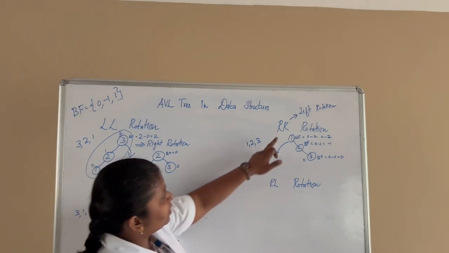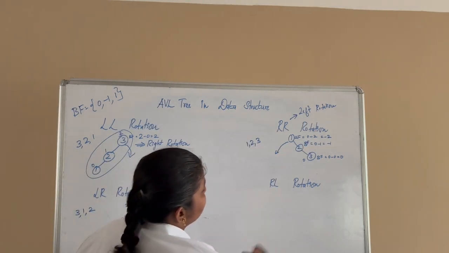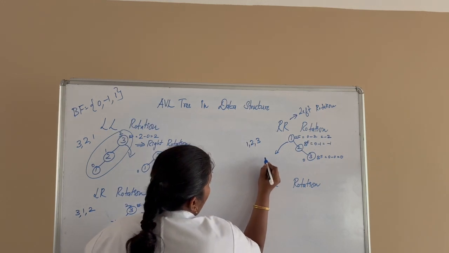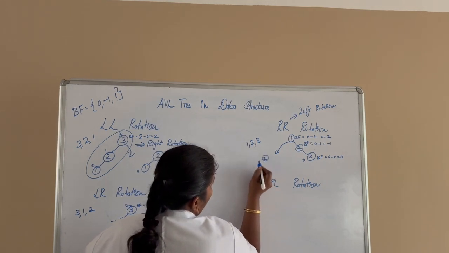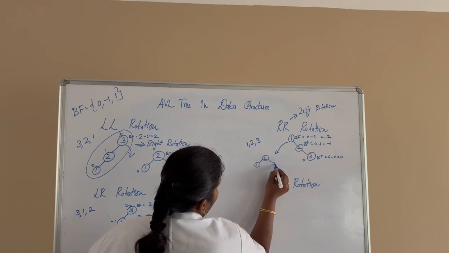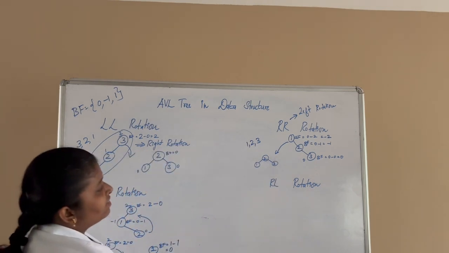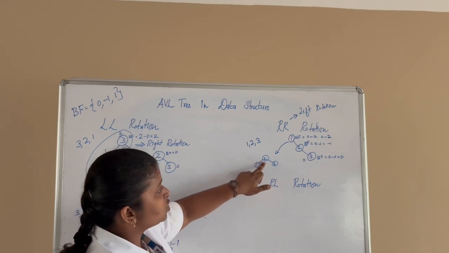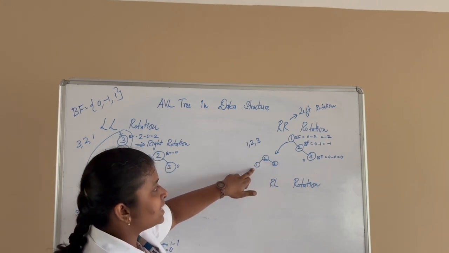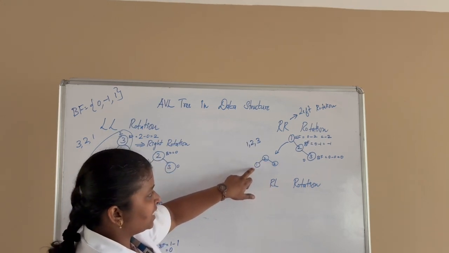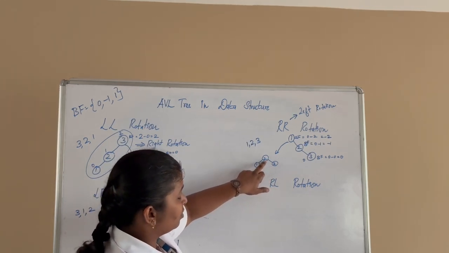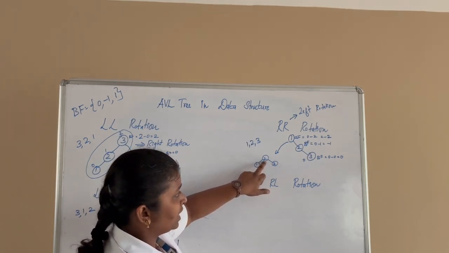After performing the left rotation, the tree is balanced: 2 will be the root node, 1 will be the left child and 3 will be the right child. Now it also satisfies the binary search tree condition. 2 is the root node, 1 is less than the root node so it is placed on the left side, and 3 is greater than the root node so it is placed as the right child.